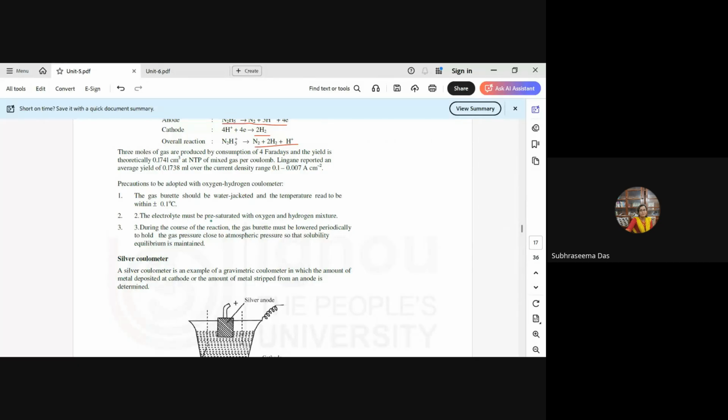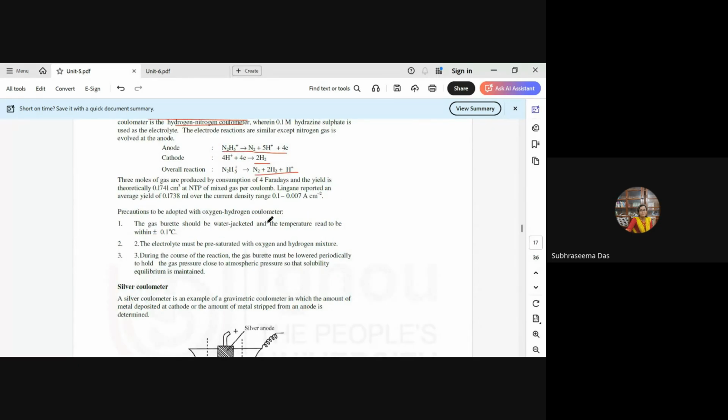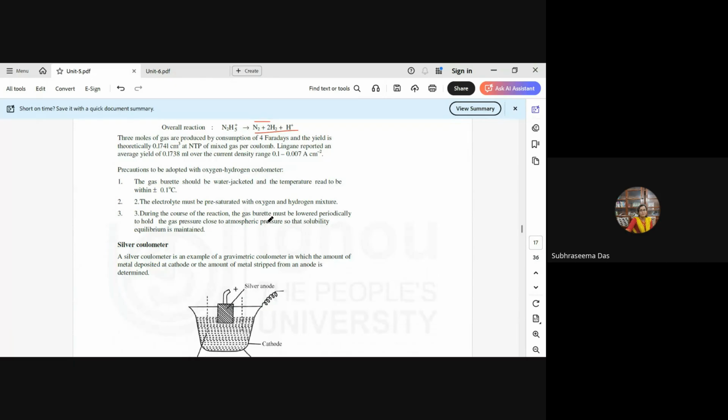They are produced by consumption of 4 Faradays, and the yield is theoretically again 0.1741, and it has been found to be 0.1738 ml. So we see that even this hydrogen nitrogen coulometer is as sensitive as the hydrogen oxygen coulometer.